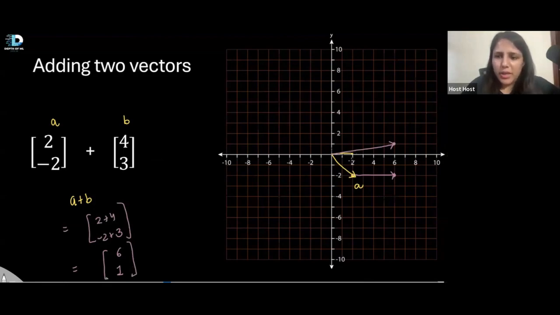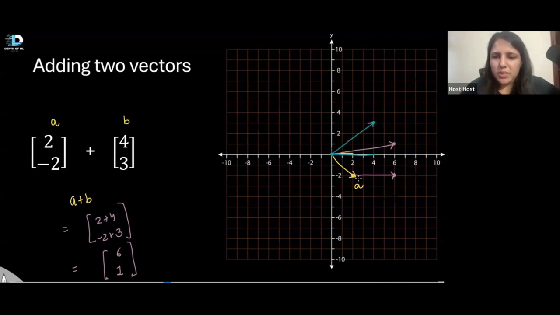There's another interpretation: you draw both of these vectors. For example, I have already drawn A, and I will also draw the B vector, (4, 3).